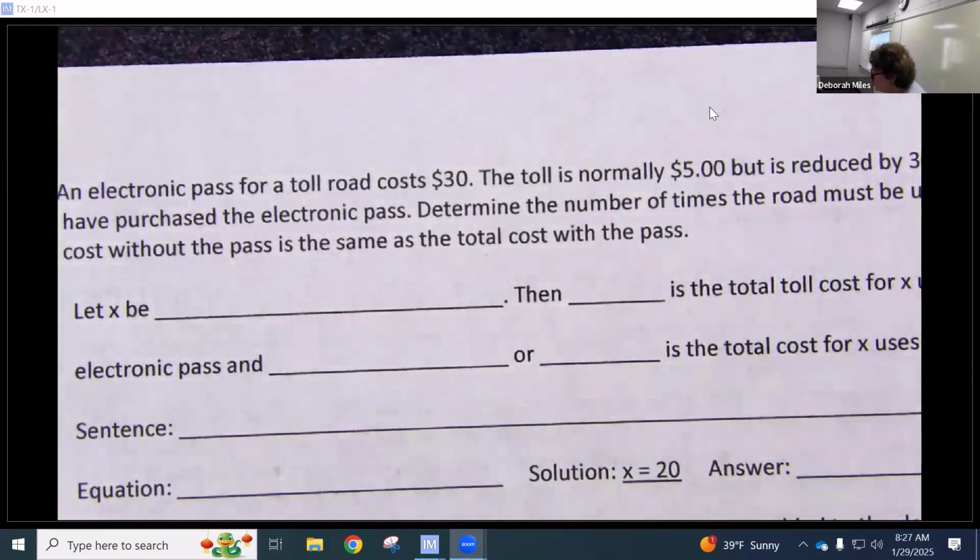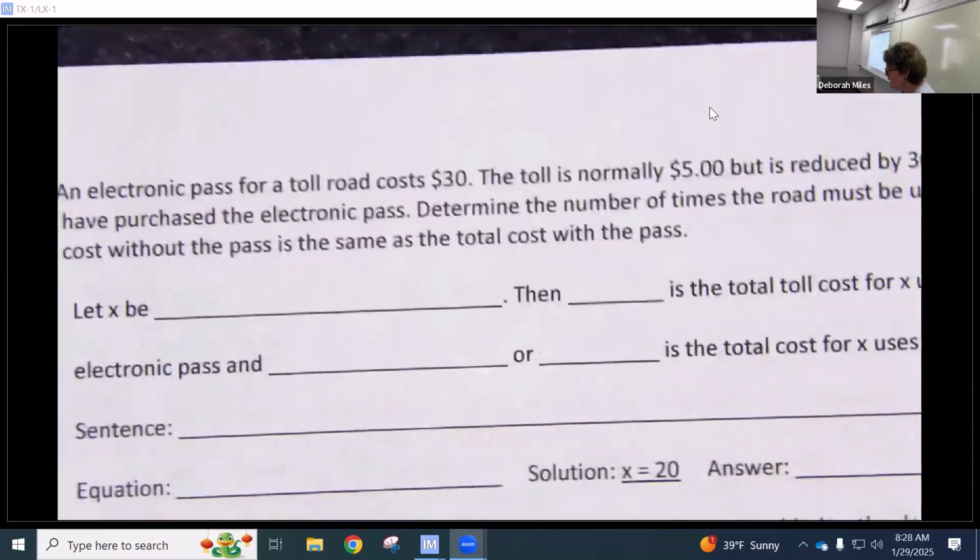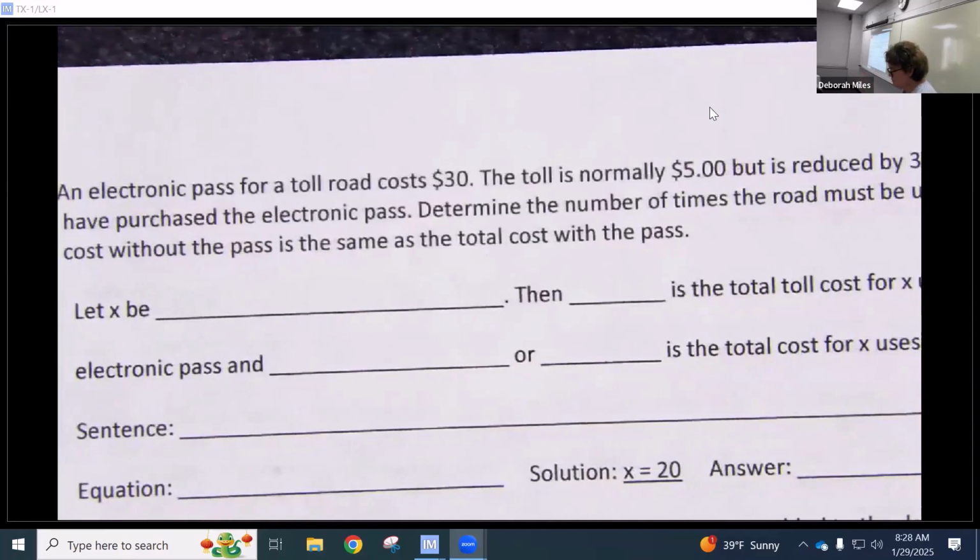Determine the number of times the road must be used so that the total cost without the pass is the same as the total cost with the pass. You're trying to figure out that break-even point. How many times do I have to go down this road in order for it to be worth buying that $30 pass just to get the little discount?